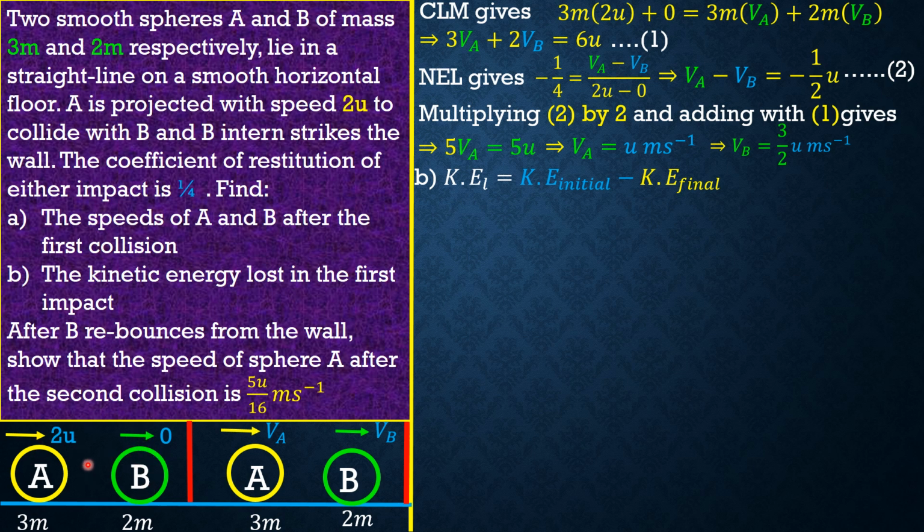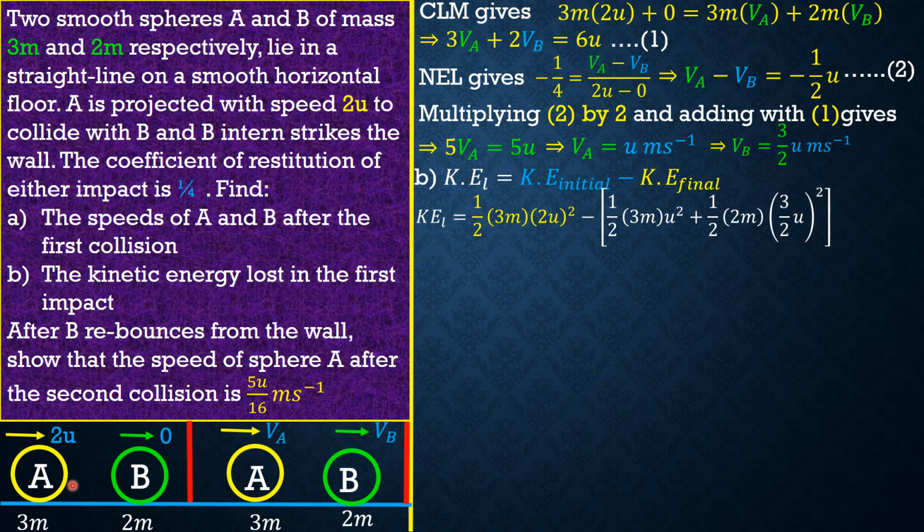So the only initial kinetic energy that we have in this case is that possessed by A. So we are going to have the kinetic energy loss to be 1/2, the mass of A is 3m, velocity of A, which is 2u, all that squared, minus 1/2, the mass of sphere A after collision is 3m, final velocity, which is VA we got here to be U meters per second, plus 1/2 that of B, which is 2m, its velocity has to be VB, which is 3/2 U squared.